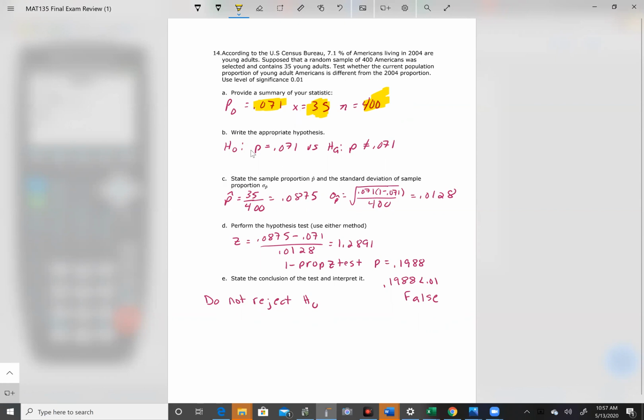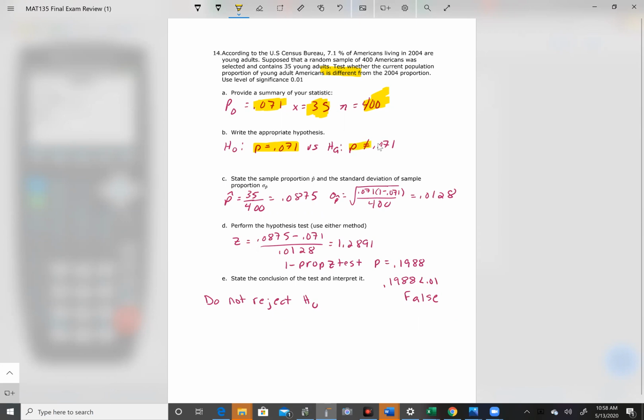Okay, so our original hypothesis is that the proportion of young adults is 7.1 versus our alternative hypothesis, which is test whether the current proportion of young adults is different. Okay, so it's just different, not less than or equal to, is different from the 2004 proportion.